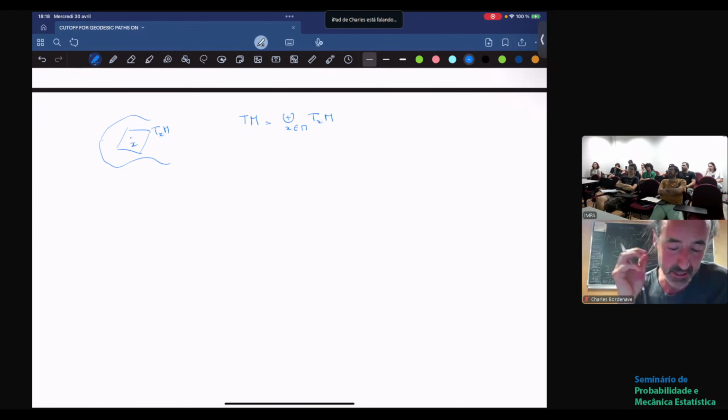Since I'm considering manifolds of dimension d, you can think of a surface, my tangent spaces are of dimension d. This huge collection is called the tangent bundle.